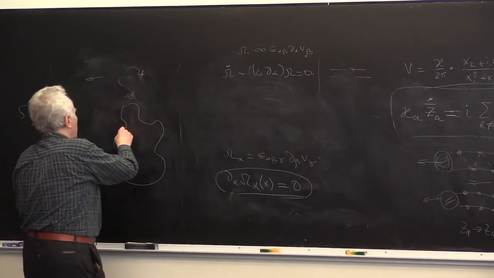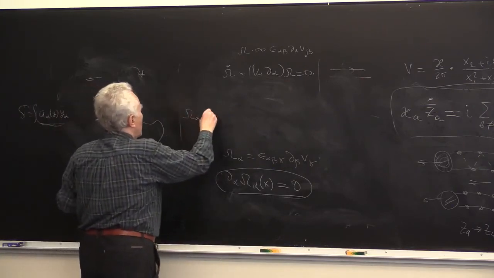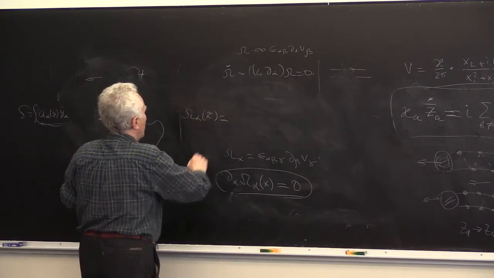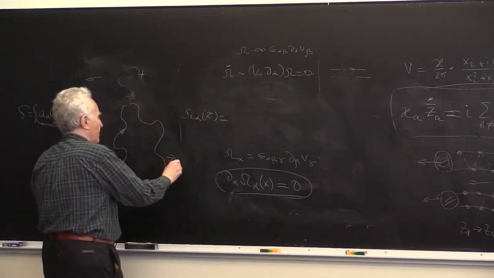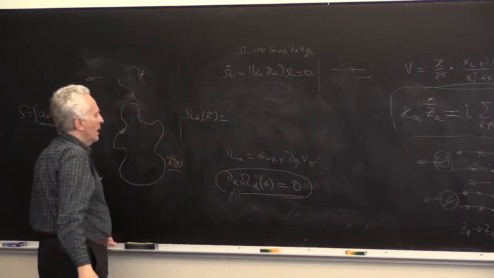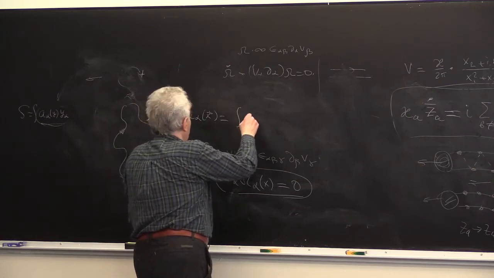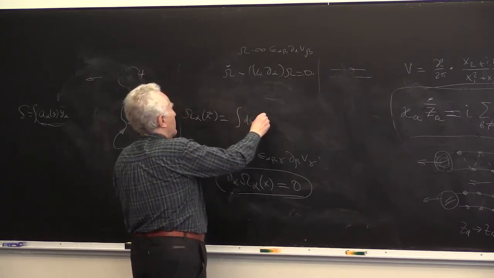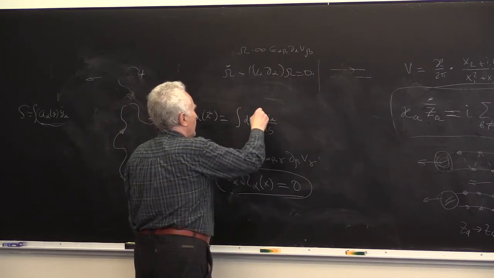If we have a line of vorticity, we can write it down in the following way. Suppose we have a contour, and we integrate over ds. We write down dx alpha over ds.